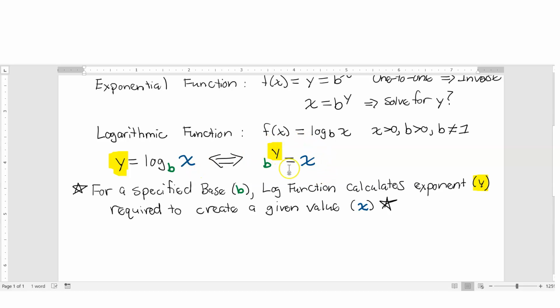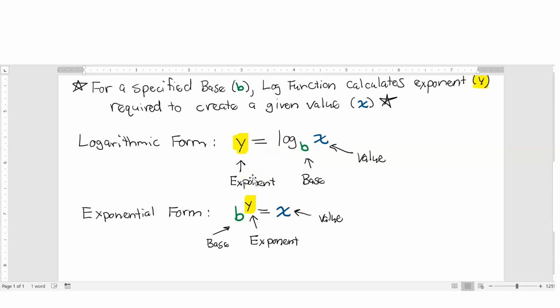We can switch between an exponential form of this relationship between these three pieces and then a logarithmic form of this relationship between these three pieces. These three pieces will all be in each form. In logarithmic form, the exponent y is log to the base b of the value x. And then in exponential form, here's our base to the exponent equals the value relationship we started with in the chapter.